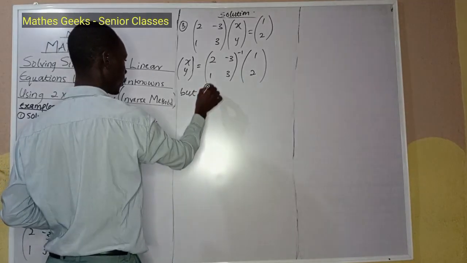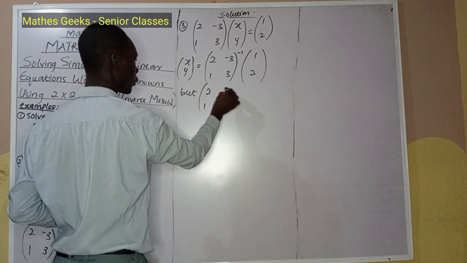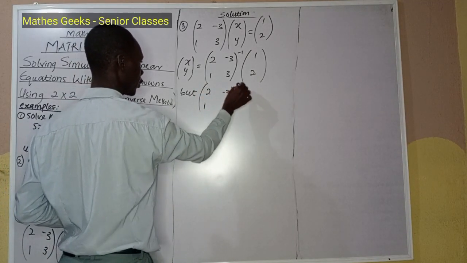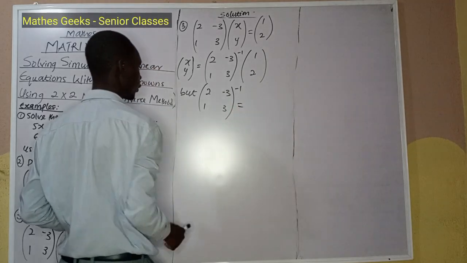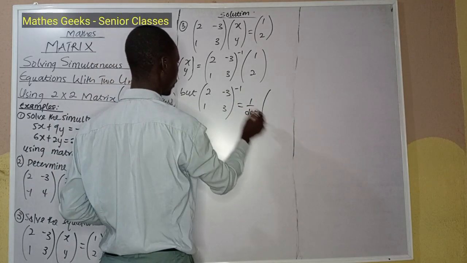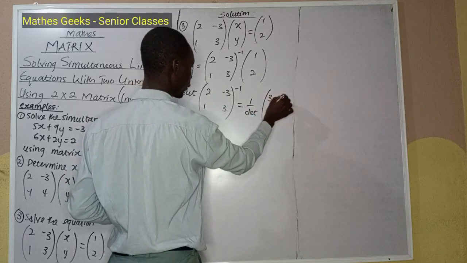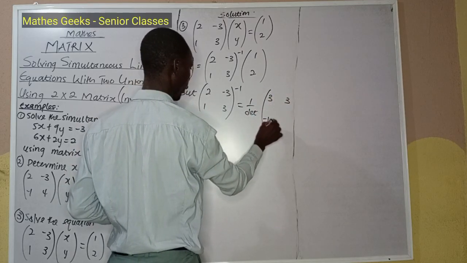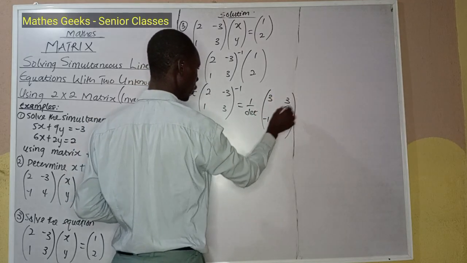The inverse of 2, 1, minus 3, 3 is equal to 1 over the determinant times 3, 3, minus 1, 2.